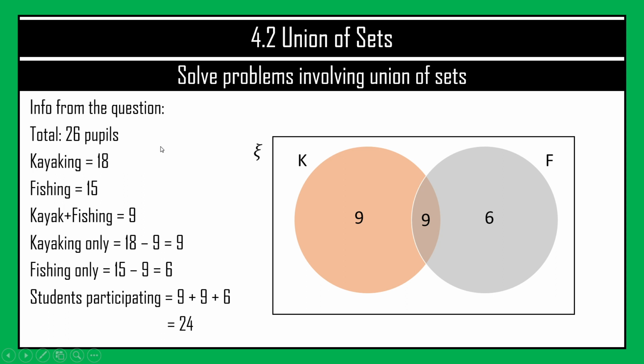Just to finish up our Venn diagram, we'll put 2, which is the missing 2 pupils, outside set K and set F. Okay, so we have completed our question. You do notice that you can complete it with a Venn diagram. You can also complete it with listing. Just make sure that you do know which one to use. Let's look at another example.